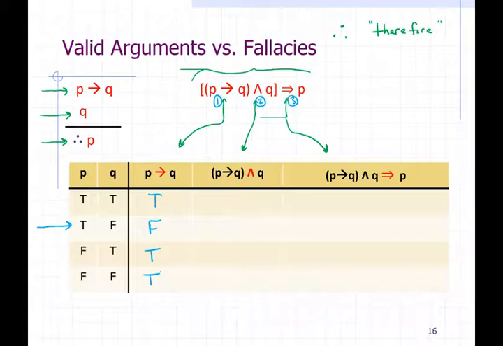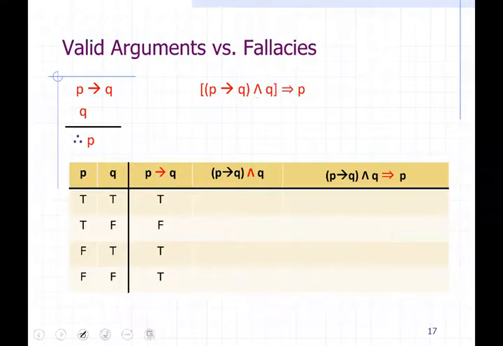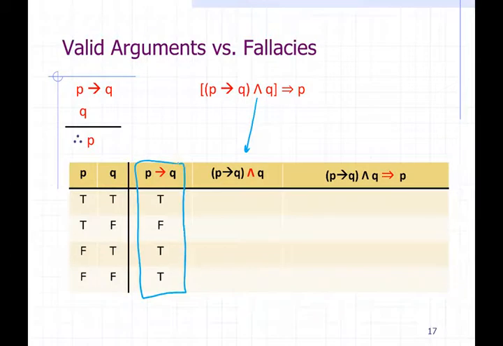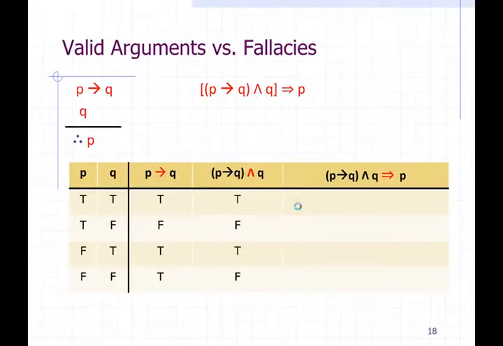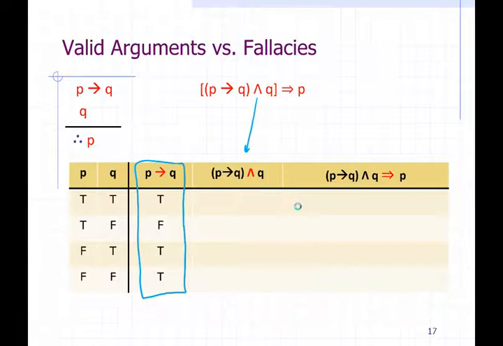All right, so now we'll move on to the conjunction, the next one. So now an and statement is only true if both statements are true. So for this conjunction, we're looking at this column, the P implies Q, and we're looking at the Q column. We're connecting these two columns with a conjunction, with an AND.